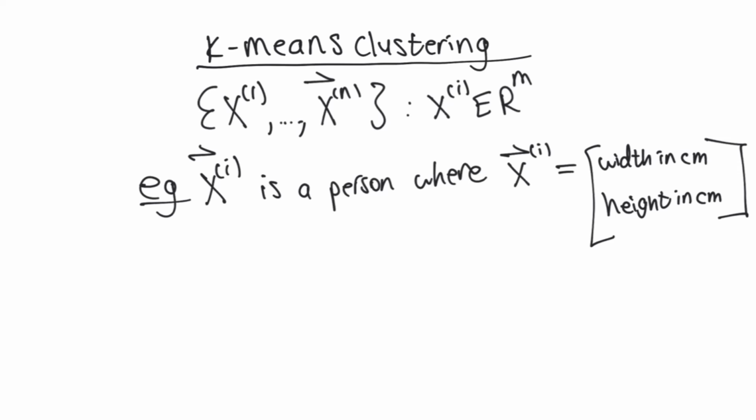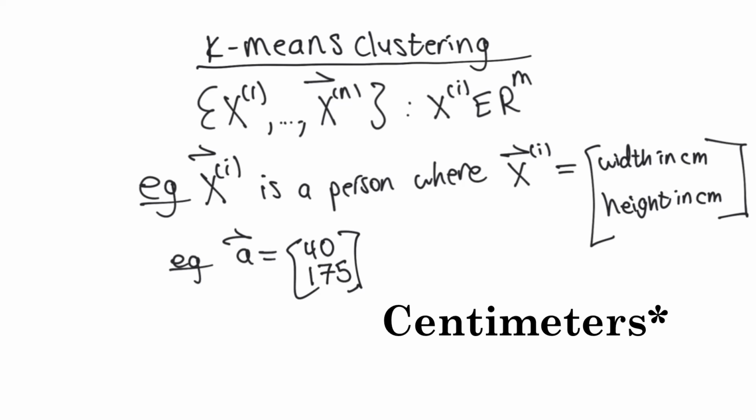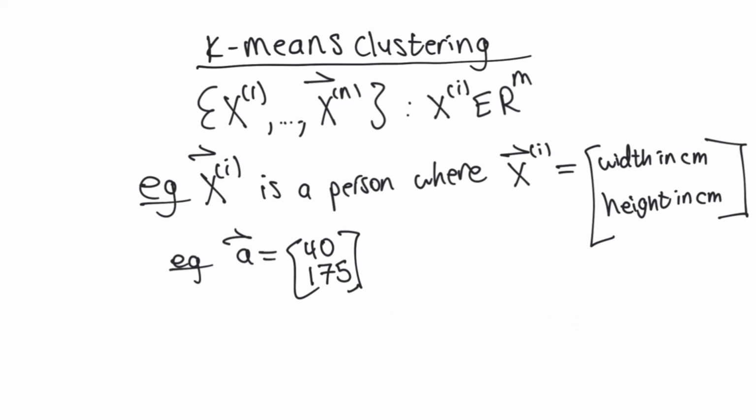So an actual example of a vector could be A equal to 40, 175. We had a person that was 40 centimeters wide and 175 centimeters tall. We have n of them. We have n people where we know their width and height.